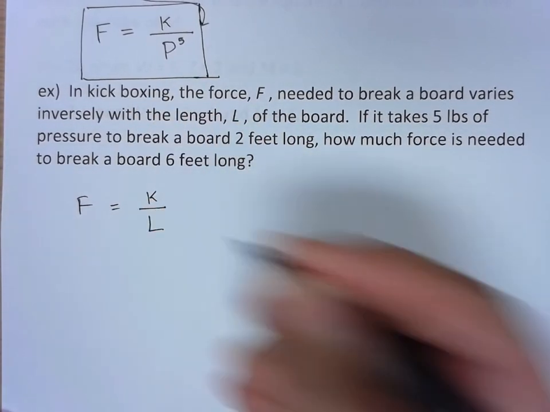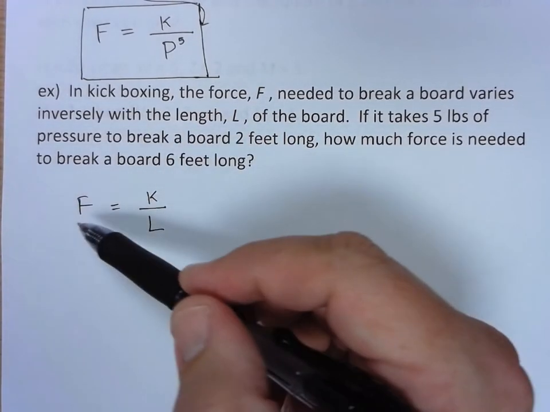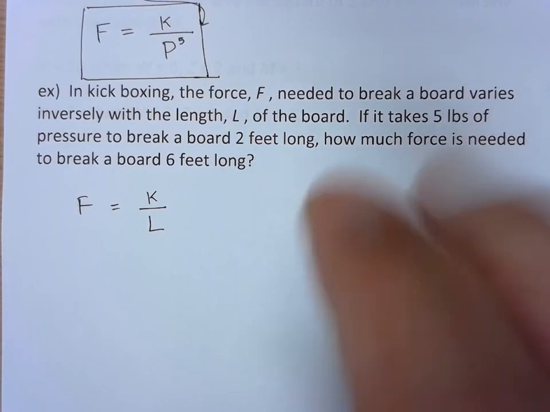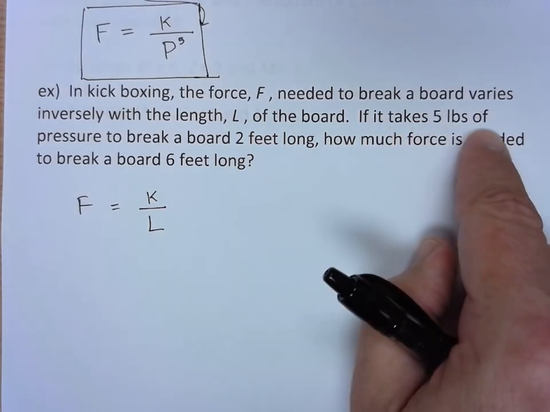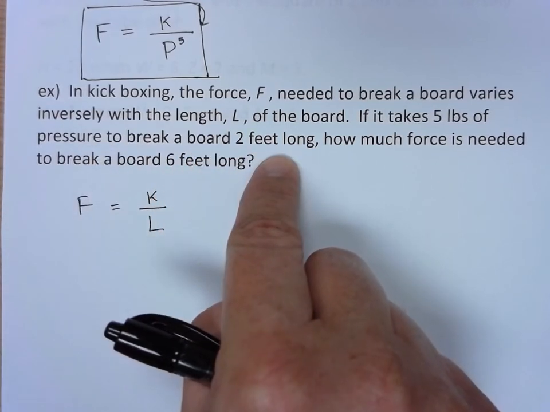So you just divide by L. There's no squaring or fifth powers or cube roots mentioned, so F equals k divided by L is the simple equation that generates.